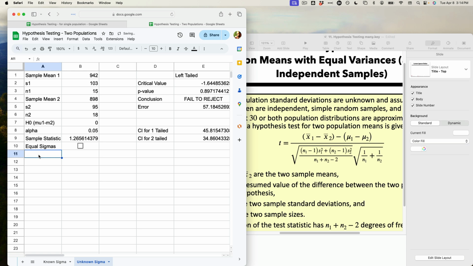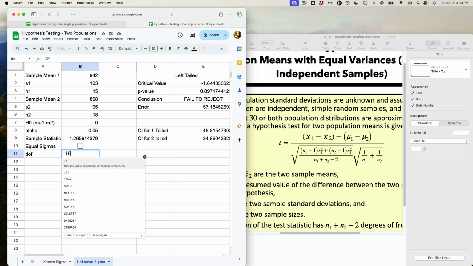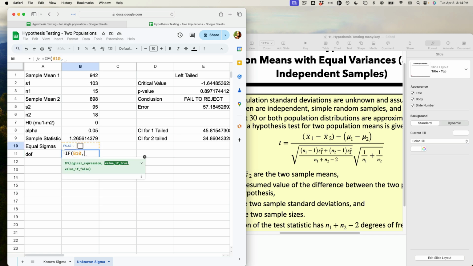And I need degrees of freedom, or DOF. And this is going to say, if I have equal sigmas, then my degrees of freedom is n1 plus n2 minus 2.